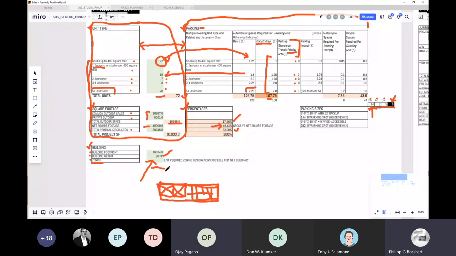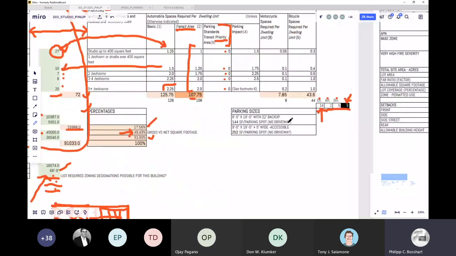It could be multiples, okay? And I'd like to have a conversation about how you went about this, and also how you would comb through the municipal code to identify that, okay?